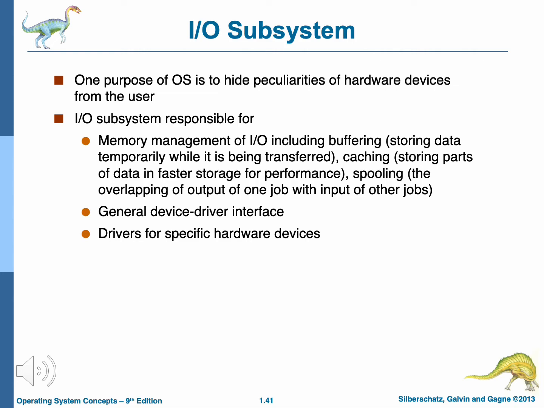The I/O subsystem consists of several components: a memory management component that includes buffering, caching, and spooling, a general device driver interface, and drivers for specific hardware devices. Only the device driver knows the peculiarities of the specific device to which it is assigned.